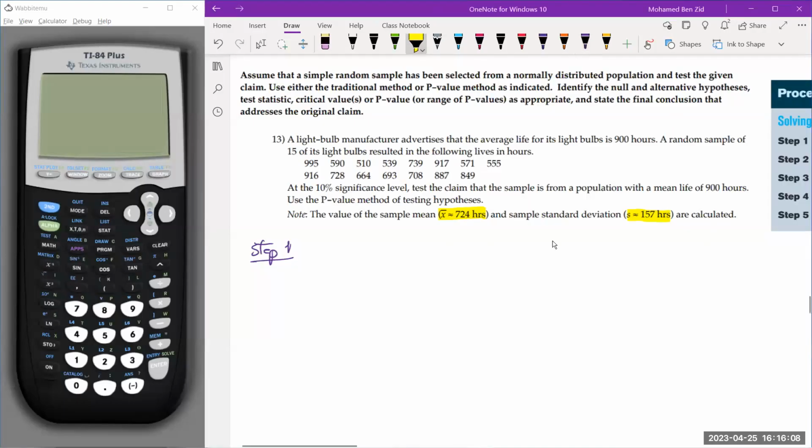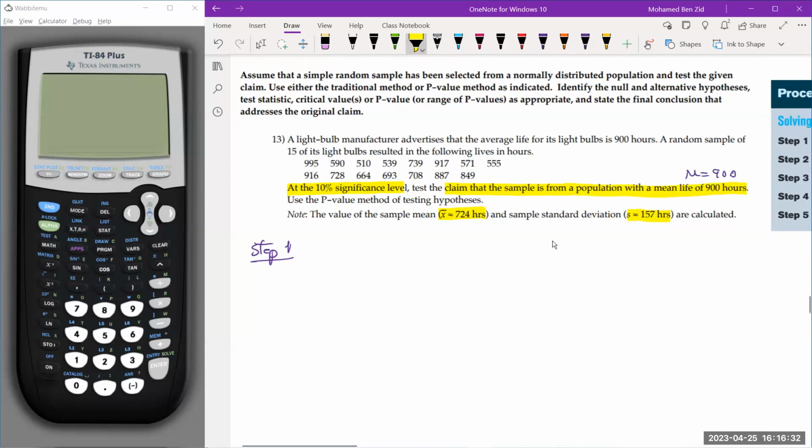All right, so here at the level of significance 10%, that's the claim. The claim here is that the sample is from a population with a mean life of 900 hours. What is the meaning of this 900 hours? It means the mean equals 900.